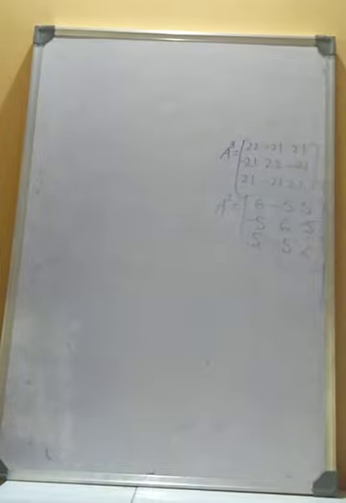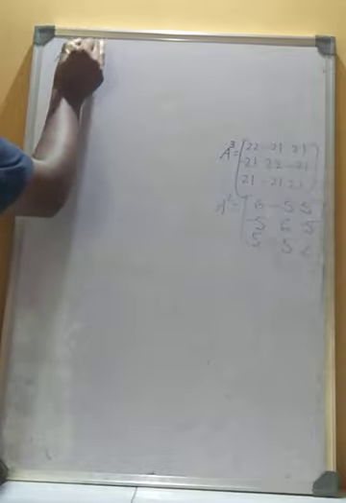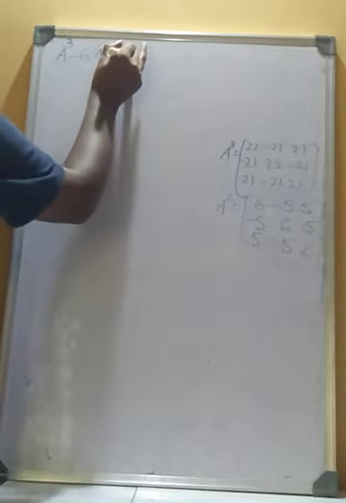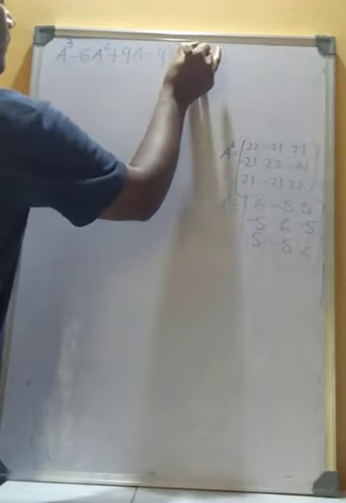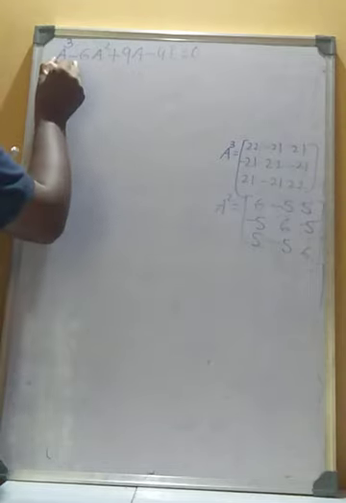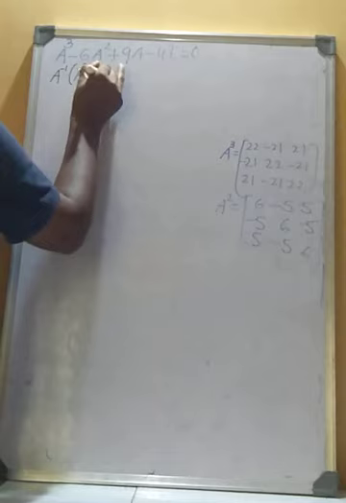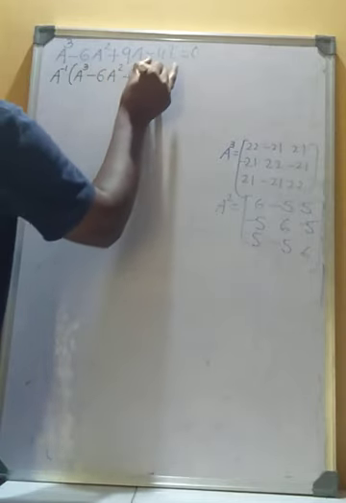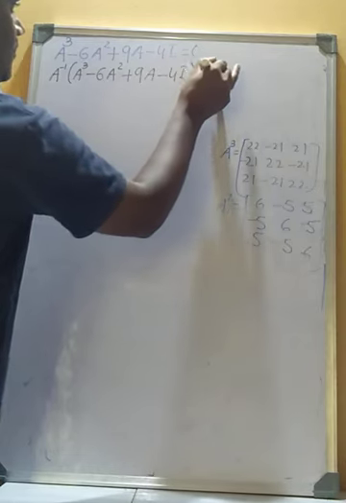The next, consider the equation A cube minus 6A square plus 9A minus 4I equal to 0. Multiplying by A inverse on both sides: A inverse into A cube minus 6A square plus 9A minus 4I equal to 0.